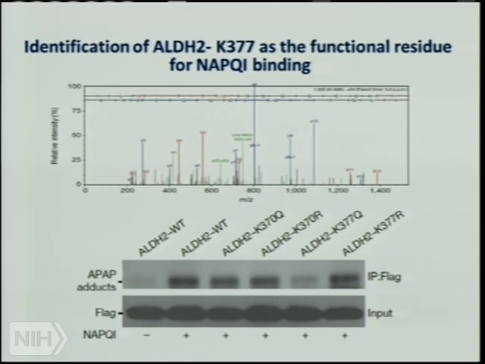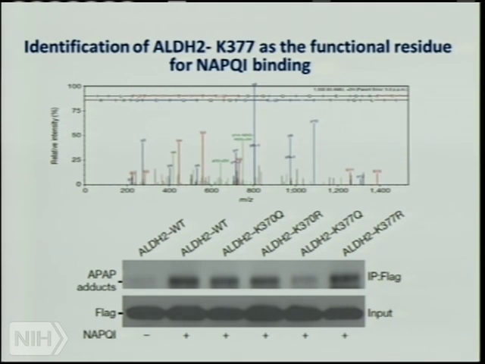And when we mutated those to either a glutamine, which mimics acetylation and maintains the positive charge, or arginine, which mimics deacetylation, you see there was no change at the 370 site in the binding of NAPQI, but when you mimic acetylation at 377, you get less binding.